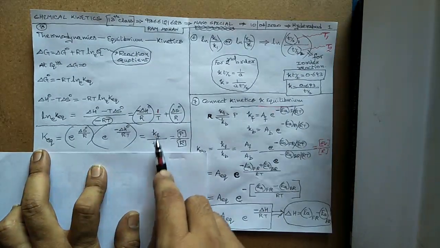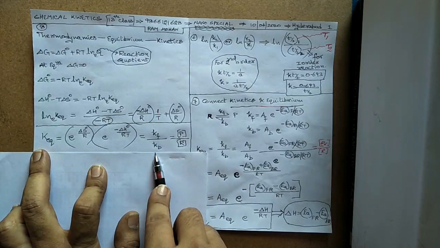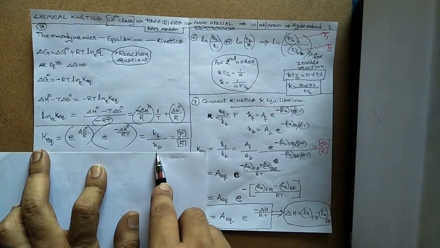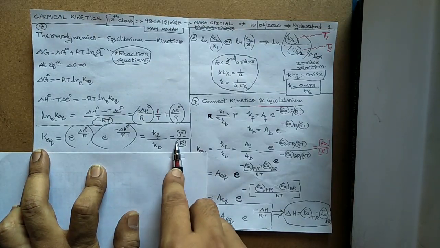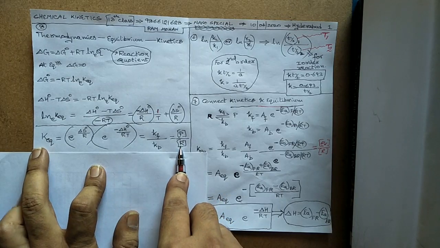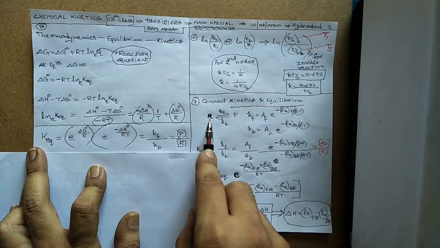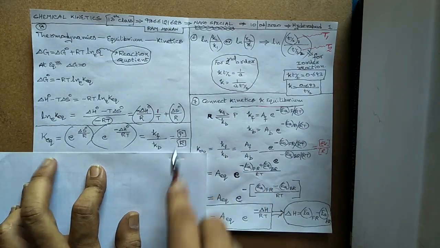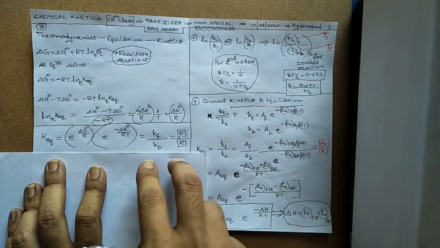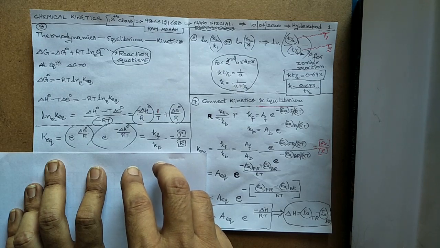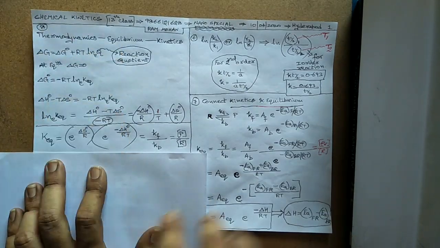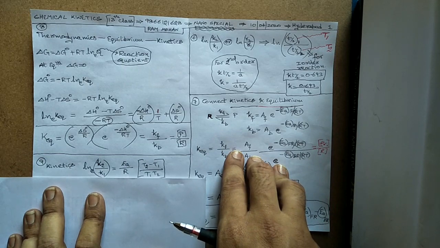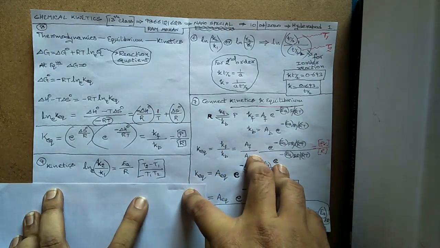Capital K equilibrium is equal to small kf by small kb, rate constant of forward reaction by rate constant for backward reaction, which is equal to concentration of the products to concentration of the reactants if it is Kc, as per 1:1 ratio that I have given, or if it is Kp, changes accordingly. So that's what we have, connectivity between thermodynamics and equilibrium.